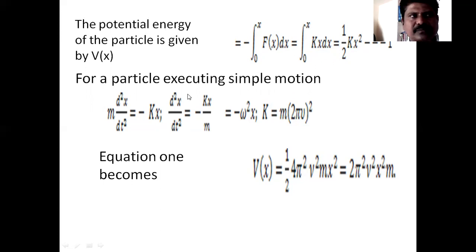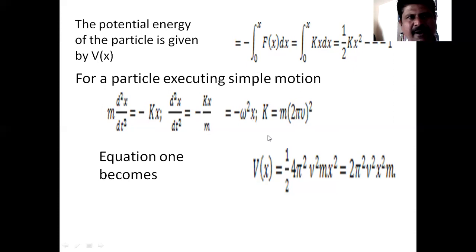For a particle executing simple harmonic motion, according to the definition of SHM, m into d square x by dt square equals minus k into x. If we simplify it, it becomes d square x by dt square equals minus k by m into x. But k by m is taken as a constant, which is called omega square, the angular velocity of that particle.